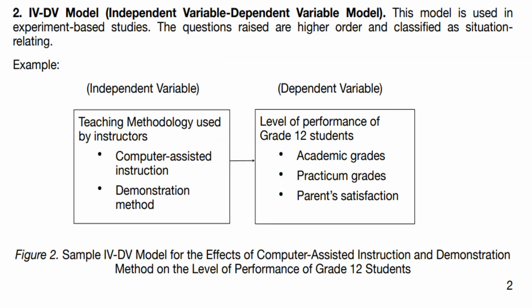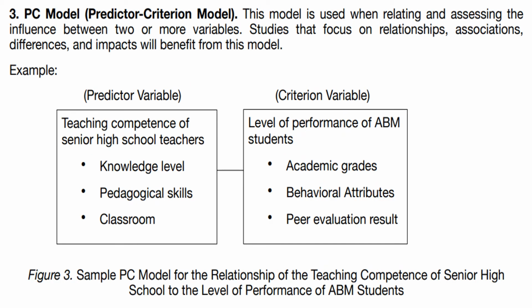Okay, and then you can also illustrate your paradigm like this one, the IV and the DV pattern or model. You can also use this. And then another model, you can also use the predictor-criterion model if you want. It's really up to you.